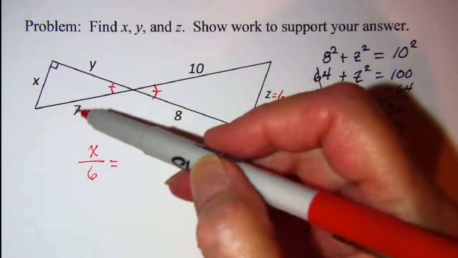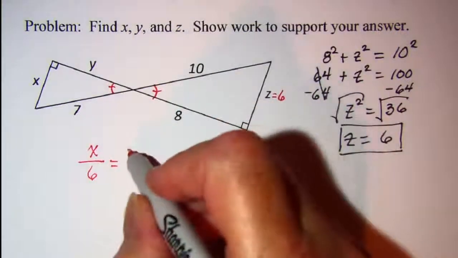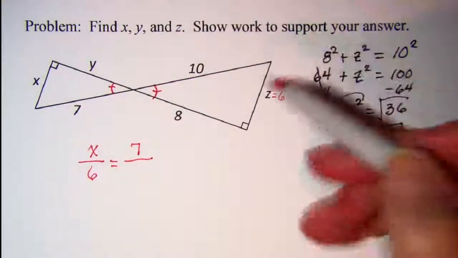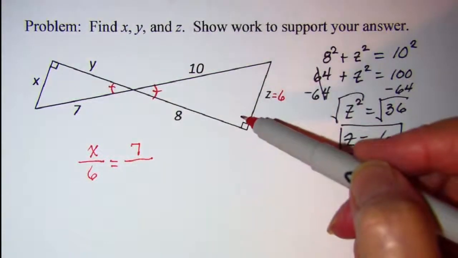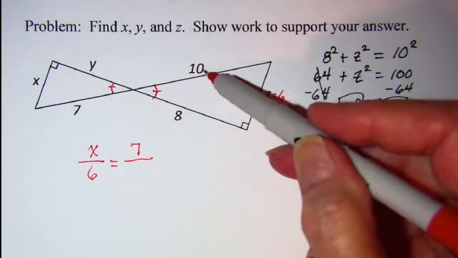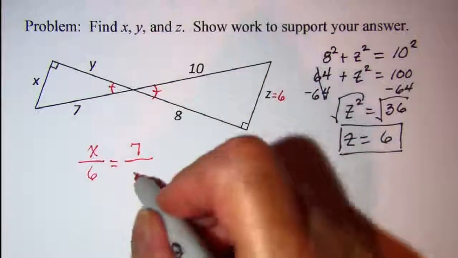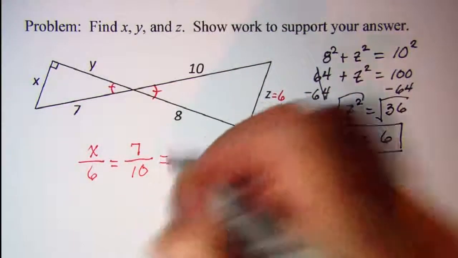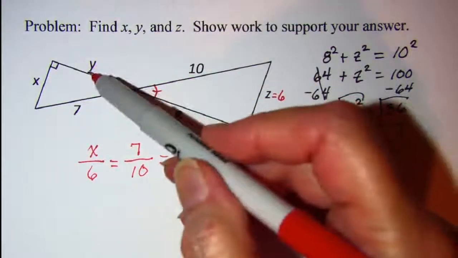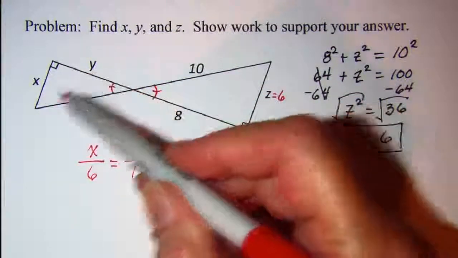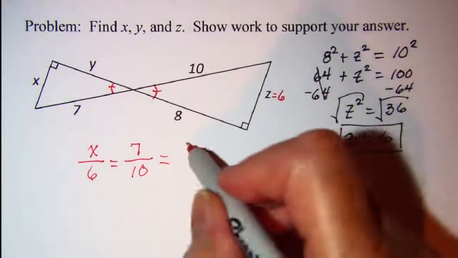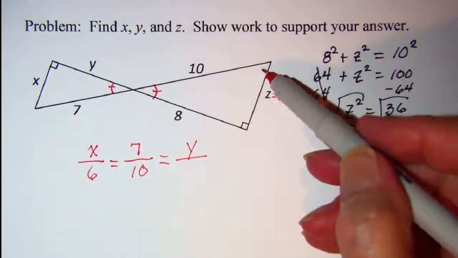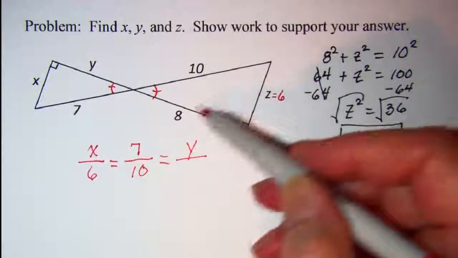Across from the right angle is 7 on the left-hand triangle. And then across from the right angle on the right-hand triangle is 10. And then y is across from the angle that's not marked, and across from the angle that's not marked on this side is going to be 8.